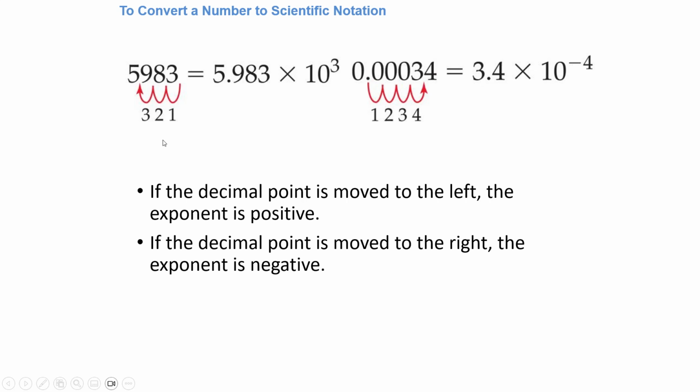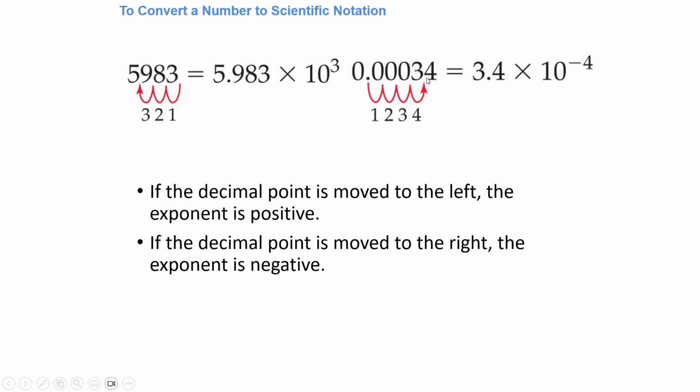Then we're going to move it to the left until we get one number to the left of the decimal. So we're going to move it 1, 2, 3 positions. Now we're going to write 5.983, and we're going to times that by 10 to however many positions we moved. We moved the decimal 3 places, so 10 to the third.